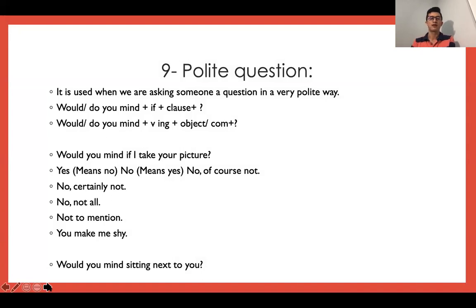In this structure, you use would you mind plus if plus clause or sentence, or do you mind plus if plus clause. You also have another formula for this: would or do you mind plus verb-ing plus subject or complement. So let's look at this.